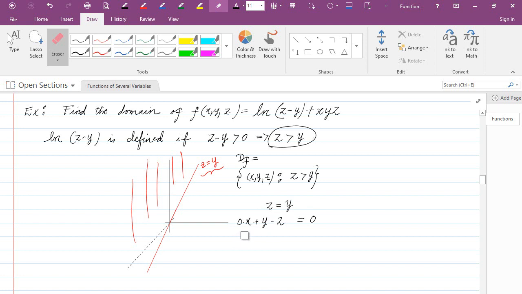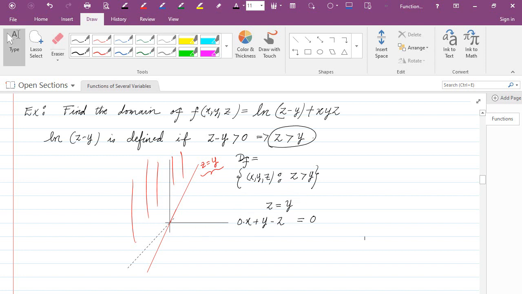So in other words, you're looking at the plane that is passing through the origin and perpendicular to the vector 0, 1, -1. And so if you look at that plane, then we are taking points above that plane. So the domain is the set of all points in R3 which lie above this plane.